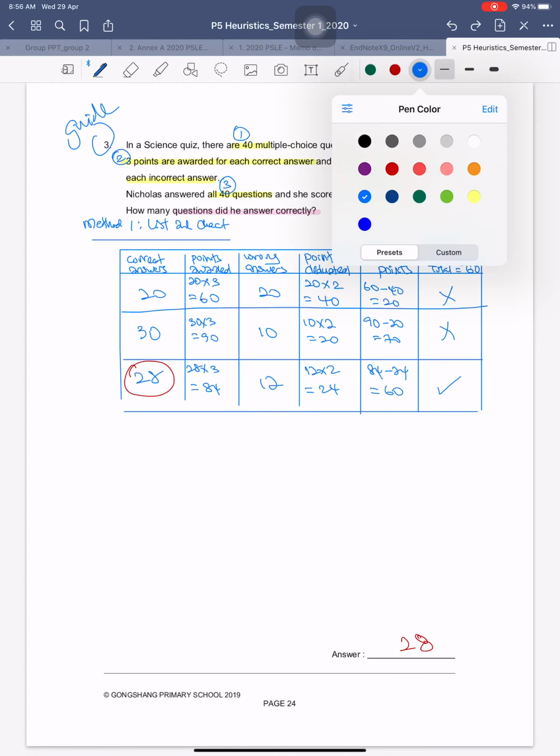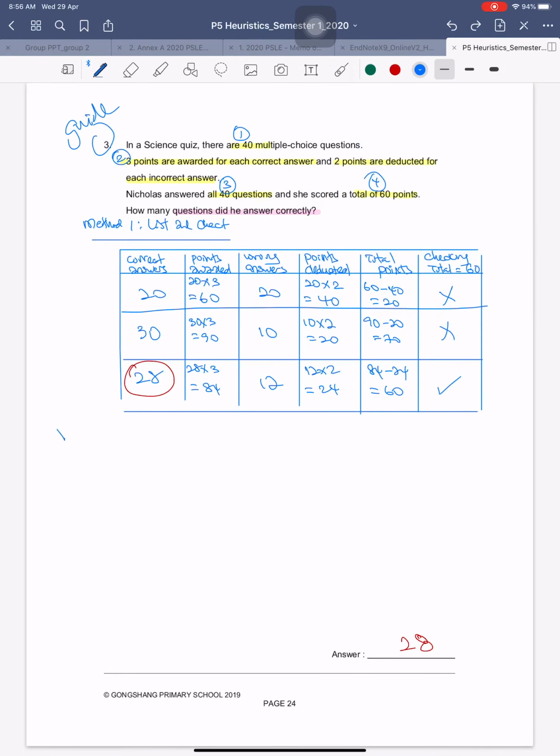Okay, method number 2 is a bit different from question 1 and 2. Grouping method. Alright. Okay, so method number 2, again I'm doing grouping because I know of certain conditions.